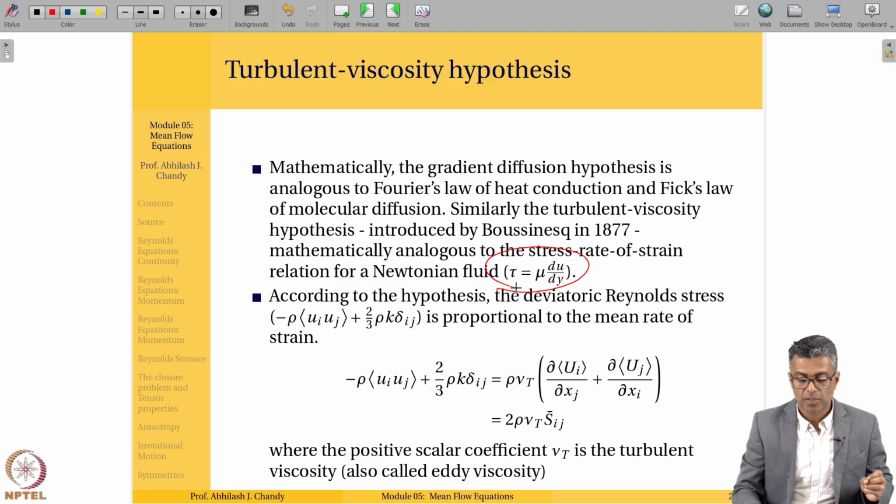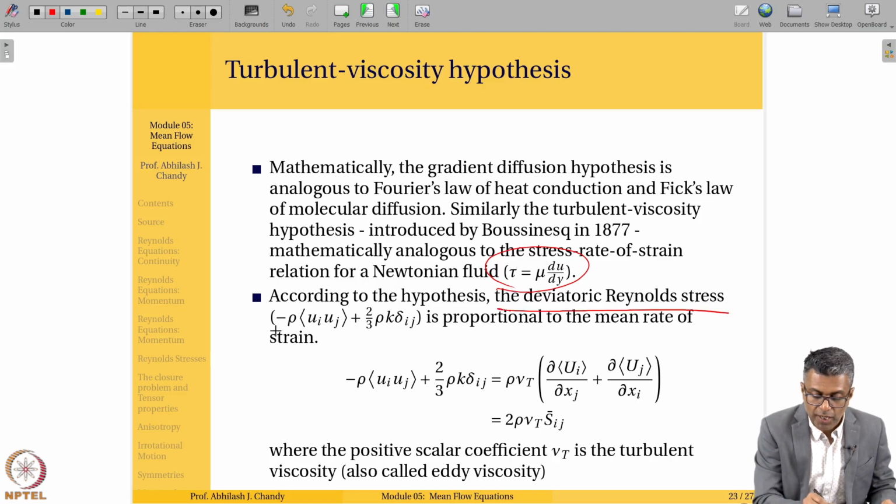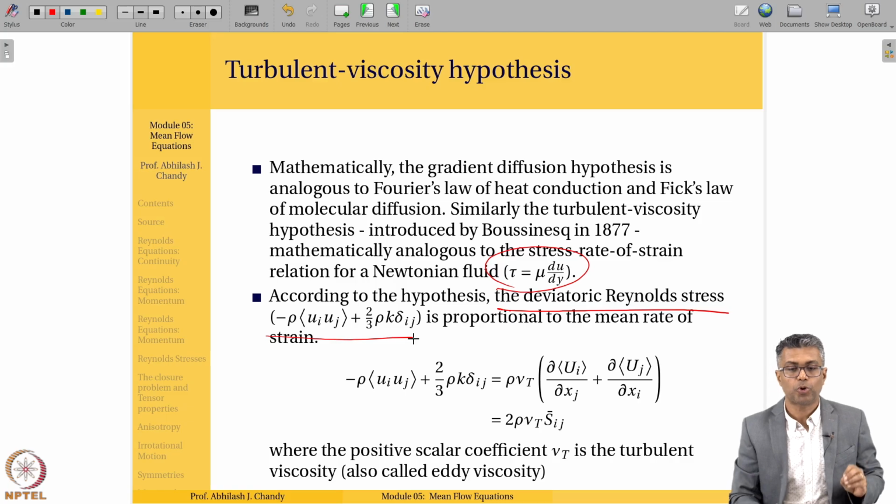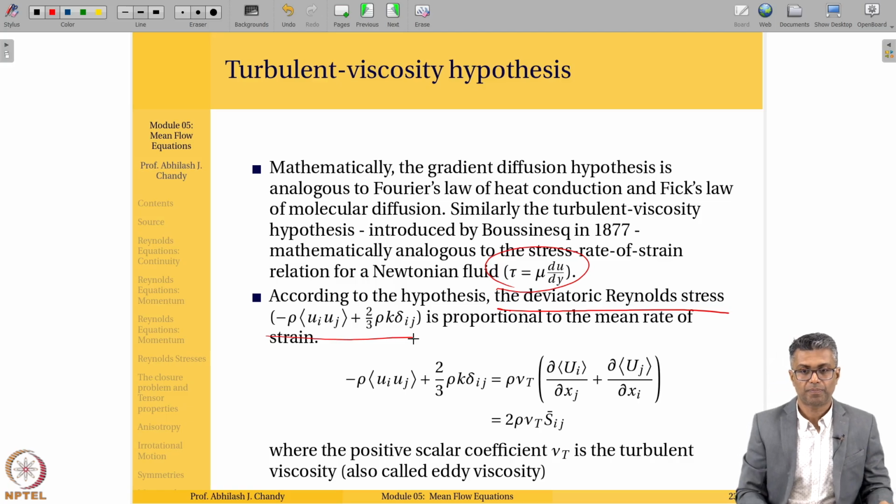So in that sense, according to the hypothesis, if we write the deviatoric stress, which is minus rho ui uj plus 2/3 k delta ij, why don't we write that as proportional to the mean strain rate?